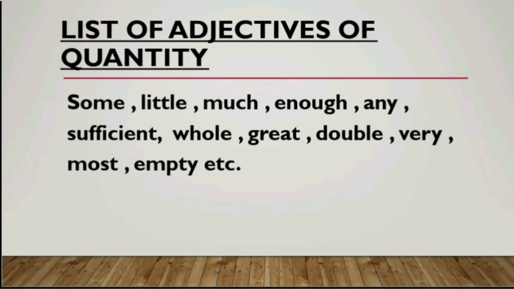You can add adjectives of quantity such as some, little, much, enough, any. You can even add words like sufficient, whole, great, double, very, empty, right? So this was a basic list of adjectives of quantity which you can use with your uncountable noun to show that it is an adjective of quantity.